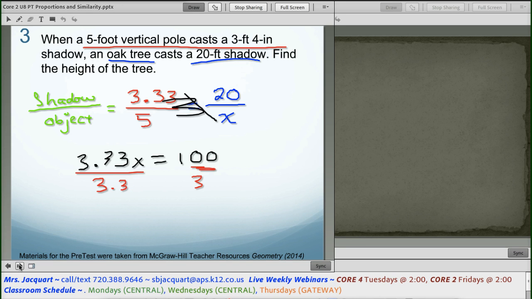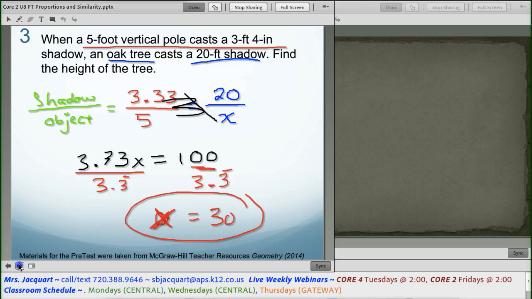And then X will equal, oh my goodness, X will equal 30. So that's 3.3 repeating. X is 30. So my tree is 30 feet.